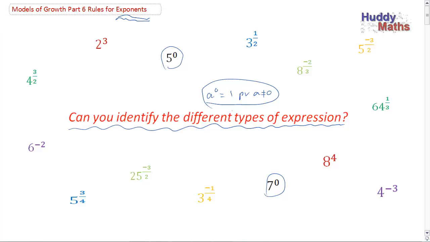What's the next one? The easiest ones to look at, I think. Maybe the two reds, 2 cubed and 8 to the 4th. That's just simply the definition, isn't it, of a to the n, where you've got some base a raised to the n, and that means you're multiplying a by itself so that you have n terms.